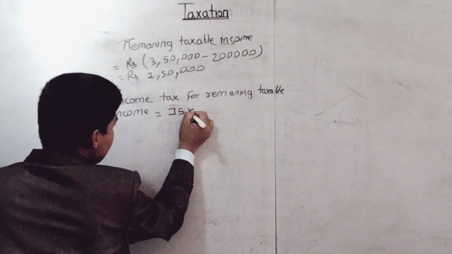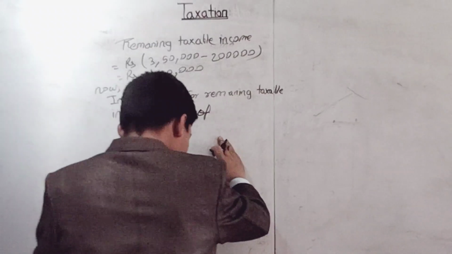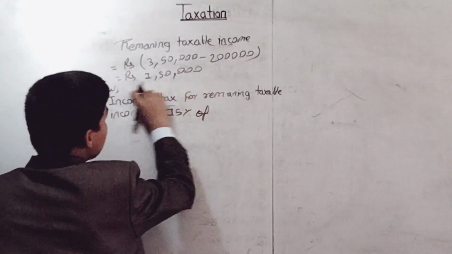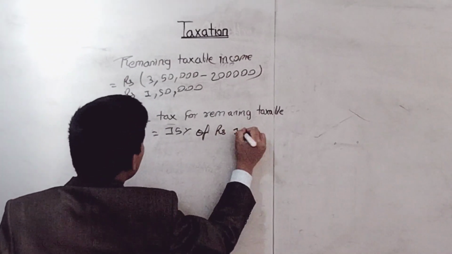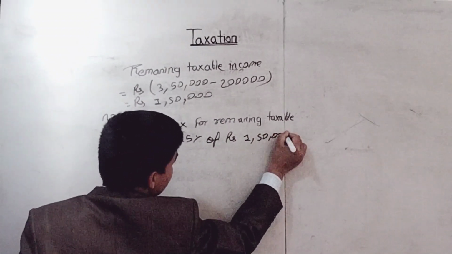So 15% of rupees this remaining taxable income, which is rupees 1,50,000.